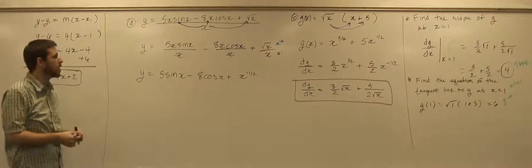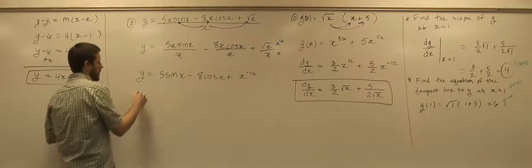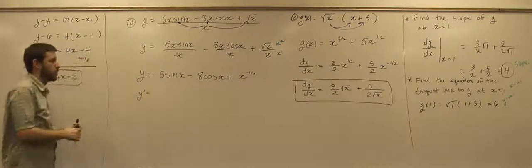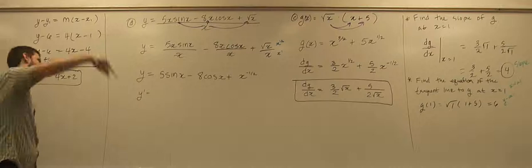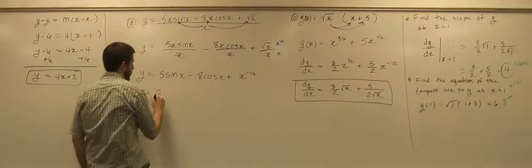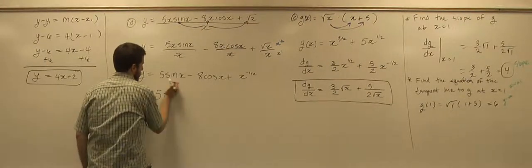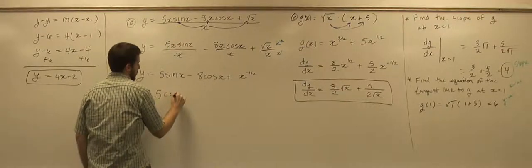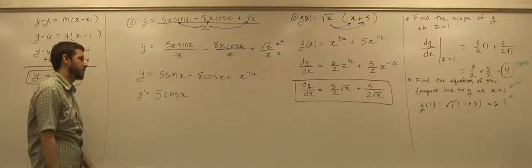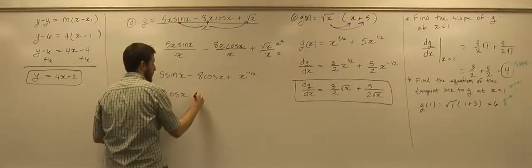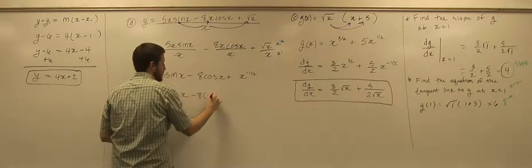And then you can apply the rules we learned. Derivative of sine is cosine. I keep writing sine. So the derivative of sine is cosine, and 5 is a constant multiple. The derivative of cosine is negative sine.